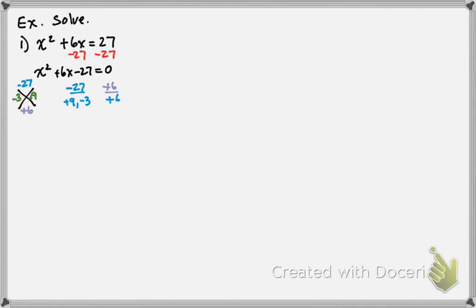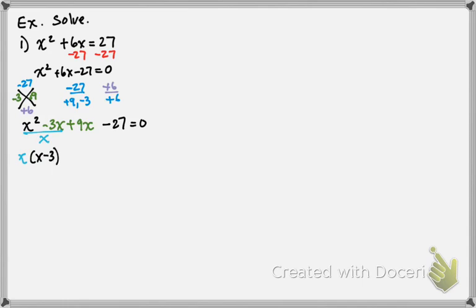So I'm going to go ahead and change from a trinomial to a 4-term polynomial by splitting the middle term. Okay, so that's going to become minus 3x plus 9x, and then I'm going to factor by grouping. So these two have an x in common, so I get x times the quantity x minus 3.